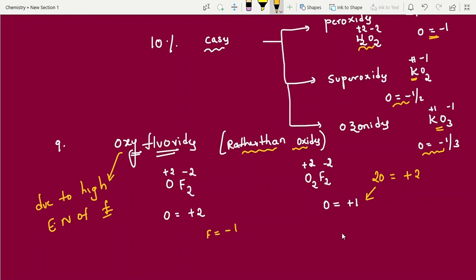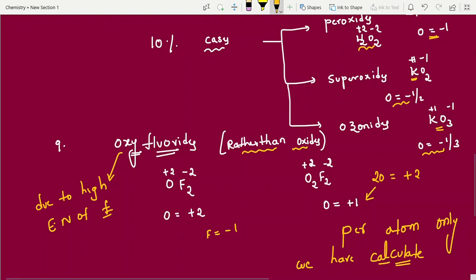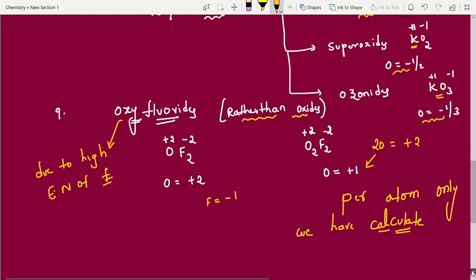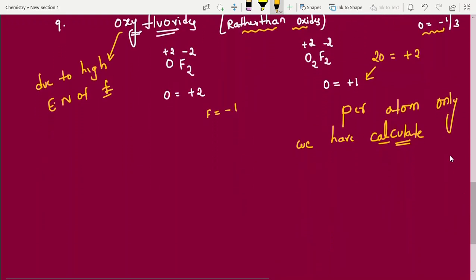Please, students, we have to calculate per atom only, or else assign the charge per atom. To confuse the student, these are the easiest questions, but students miss marks because of hurry. They'll give options like this.